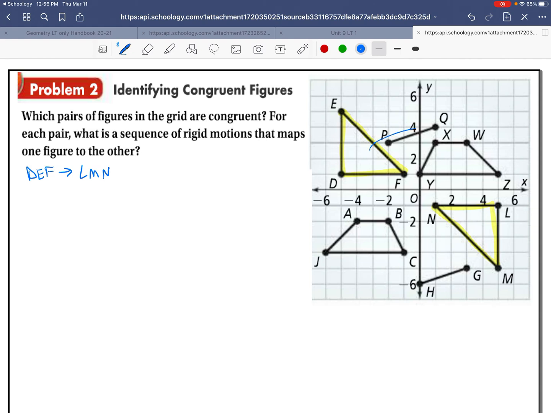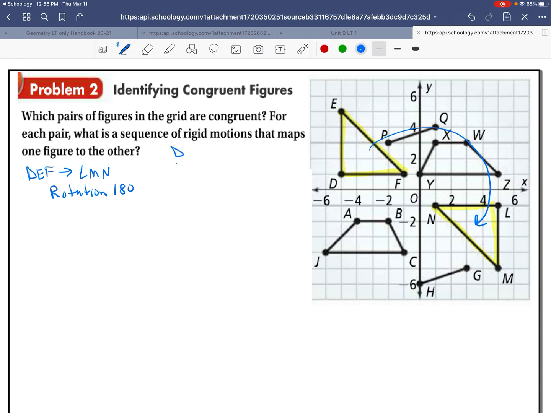It looks like it went around this way as if it were rotated. So the orientation is definitely different, like there's a rotation involved. Because it started in quadrant 2, ends in quadrant 4, I think it's a rotation of 180. Now I'm going to prove that that's true.